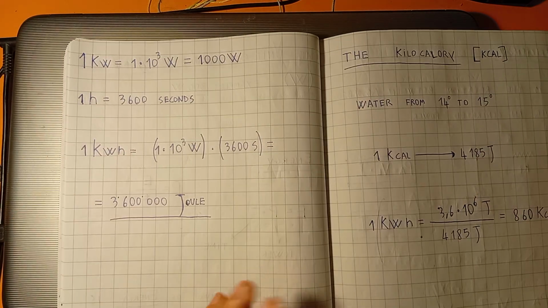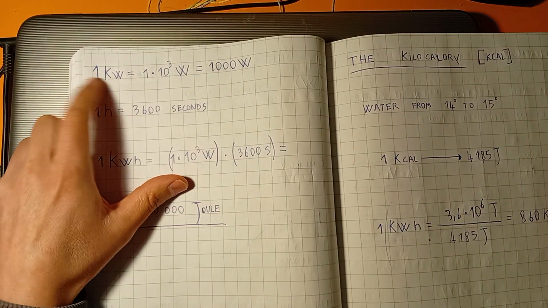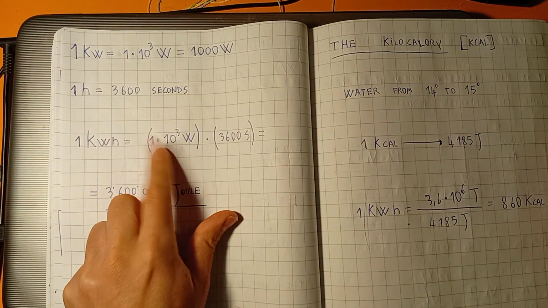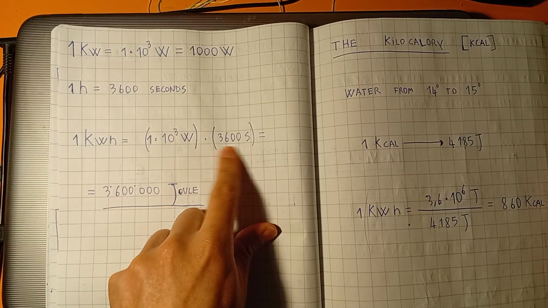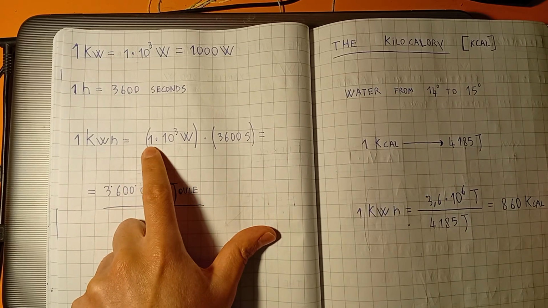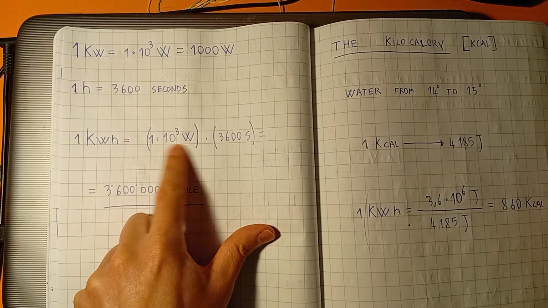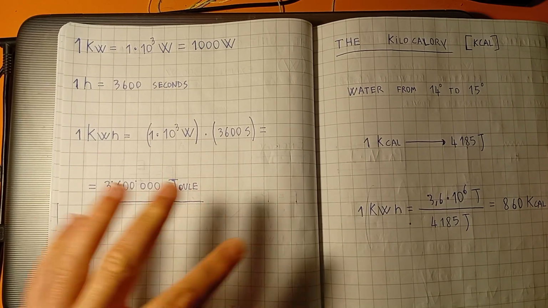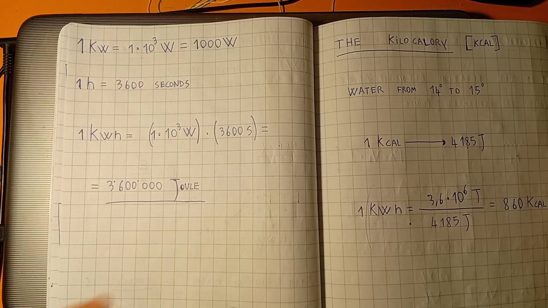So what if I multiply 1 kilowatt by 1 hour? I will obtain 1 kilowatt hour. 1 kilowatt is 1000 watt, multiplied by 3600 seconds. And what I obtain is this.